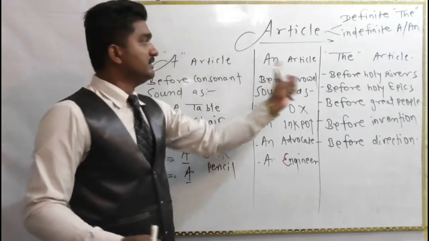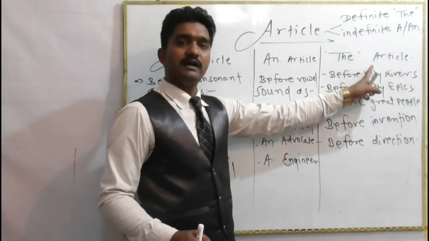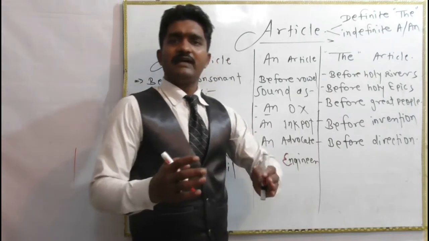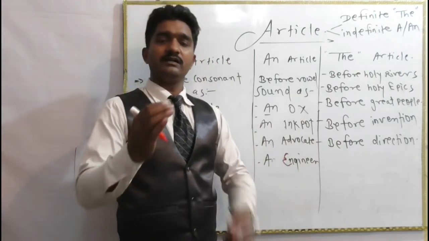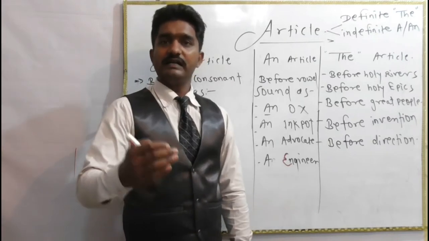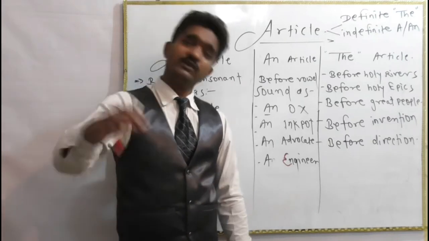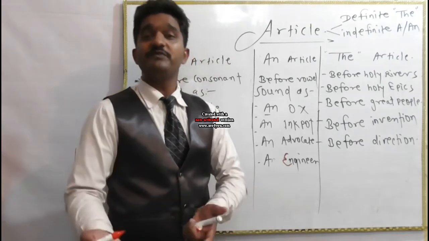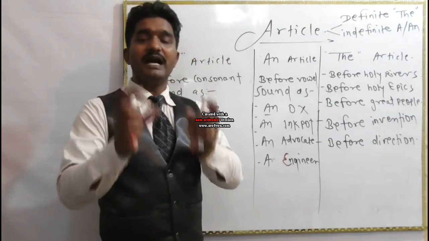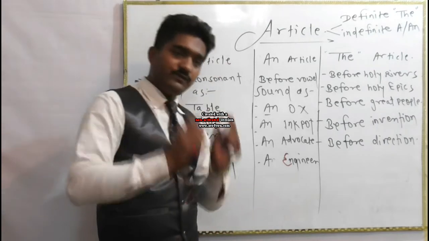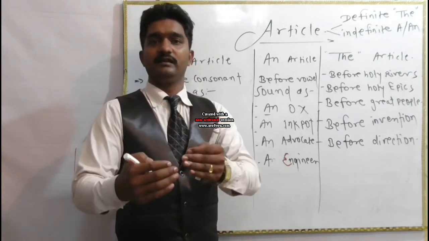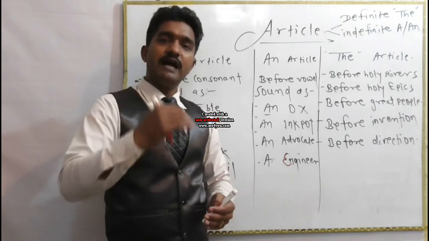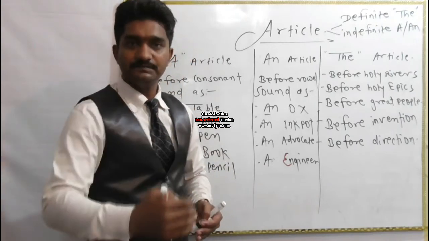Okay. Now second is the article. For the, there are many fixed conditions. Actually, when you read some books, in some books there are 10 conditions of article, 15, 20, and 40-50 also in some books. But at the first and at the last I want to say that if you want to make anything special, then you can use the article before that.